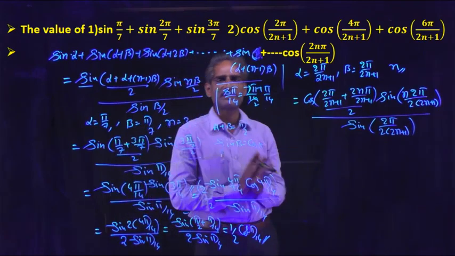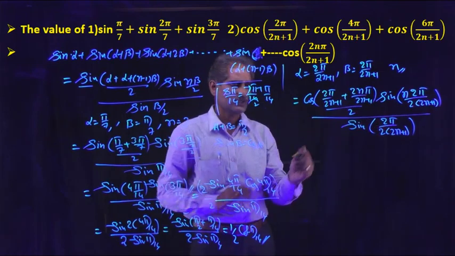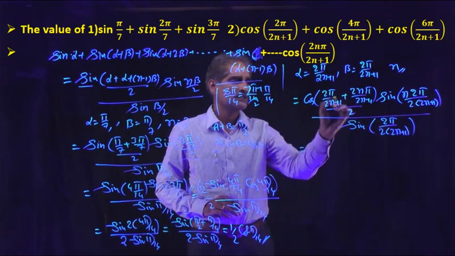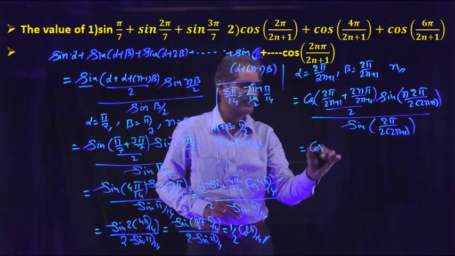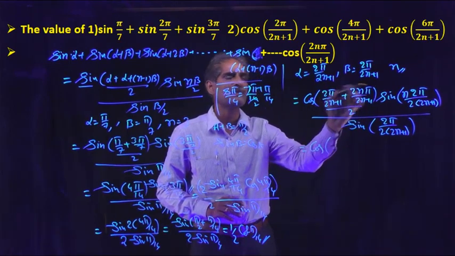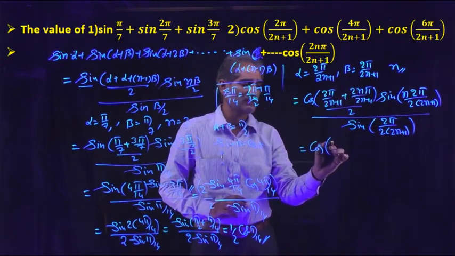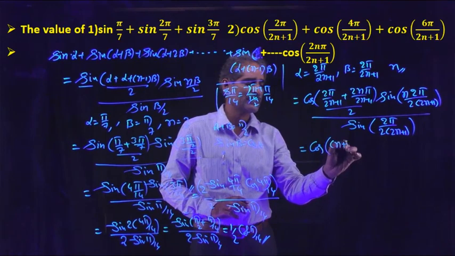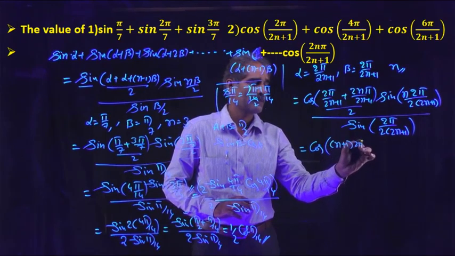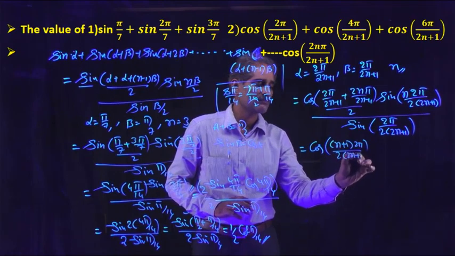Just simplify, that's it. After simplification we get the answer. So here this is cos of, the denominator is the same, just add the numerators 2 pi plus 2n pi. We can take 2 pi common in the numerator, then we get n plus 1 into 2 pi, whole divided by 2 into 2n plus 1.